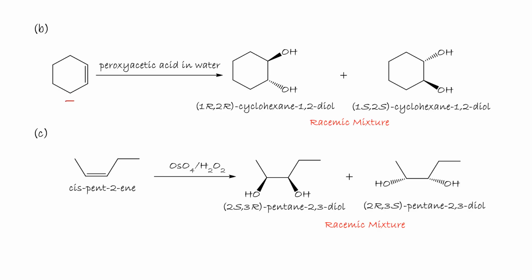When we start with cyclohexene, using peroxyacetic acid in water, we get 1R,2R-cyclohexane-1,2-diol and 1S,2S-cyclohexane-1,2-diol, a racemic mixture.